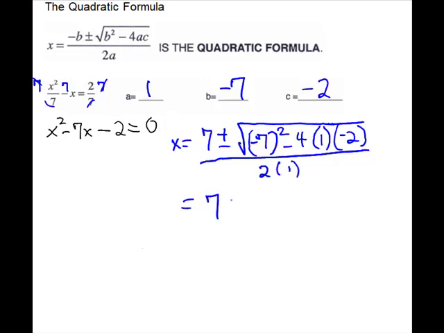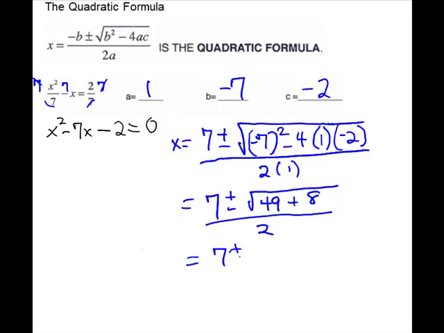We'll simplify, so we have 7 plus or minus negative 7 squared is 49. And this will be 4 times 1 is 4 times 2 is 8. And the two negatives will be plus over 2. So we have 7 plus or minus the square root of 57 over 2. I don't think there's anything you can do there.